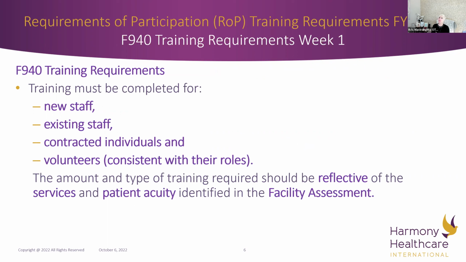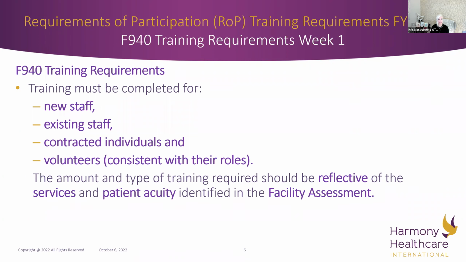So who is the training for? The tag is F940, and it must be completed for all new staff, your existing staff, contracted individuals, and volunteers. And again, look here, the amount and type of training required should be reflective of the services that you render and the patient acuity that is identified and depicted in your facility assessment.